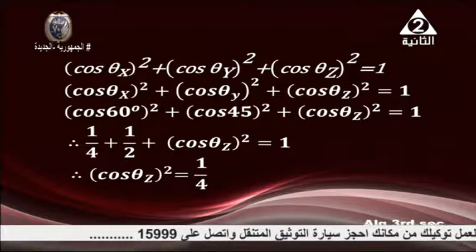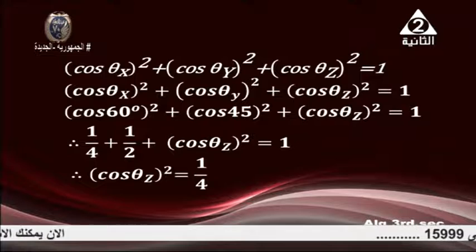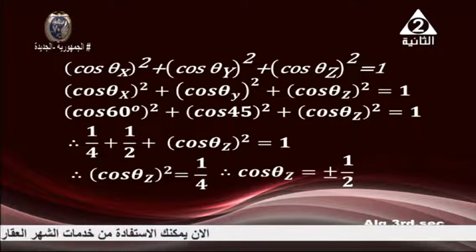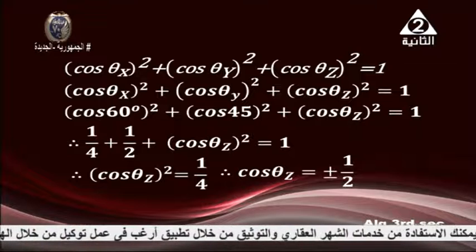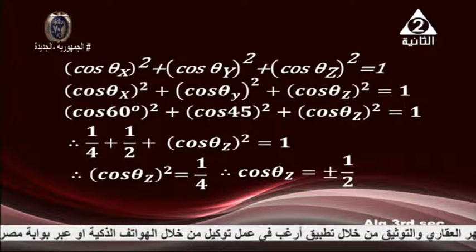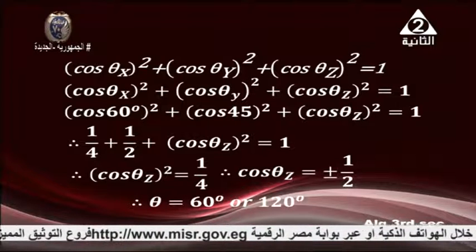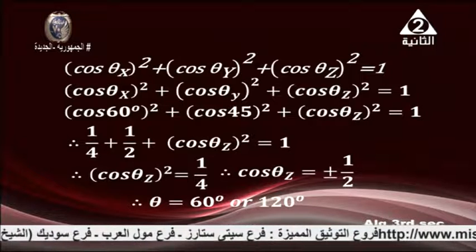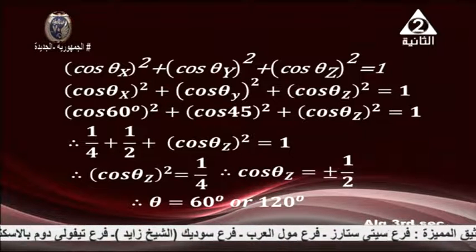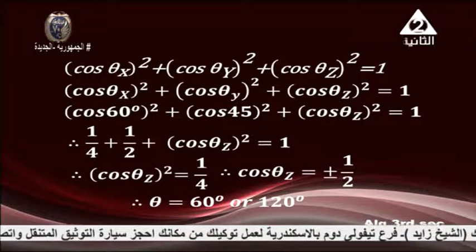Don't forget, my dear student, the required is theta z, not cosine theta z. Therefore, cosine theta z is positive or negative 1/2. What is theta? It equals 60 degrees or 120 degrees. The solution set of this angle may be 60 or 120.